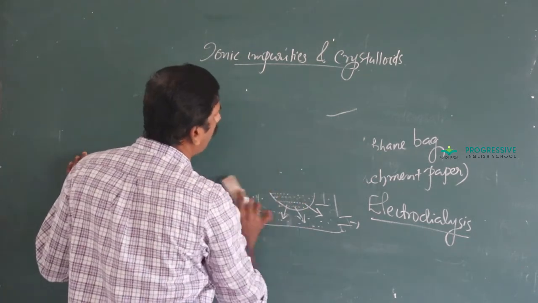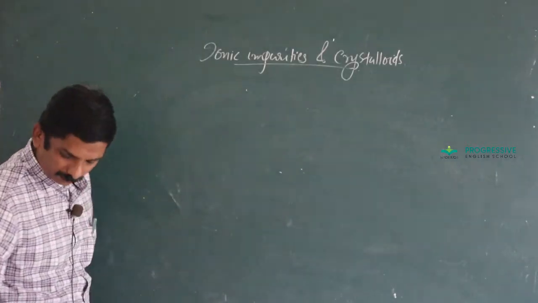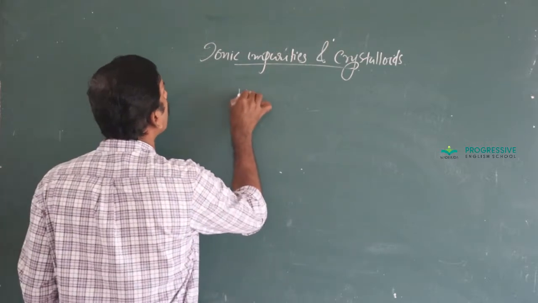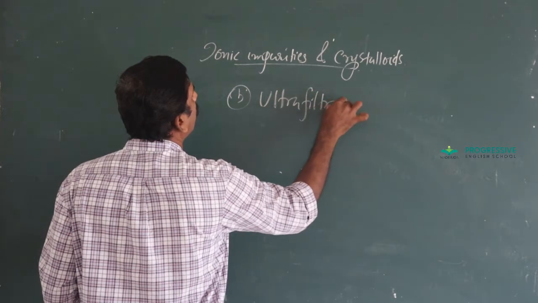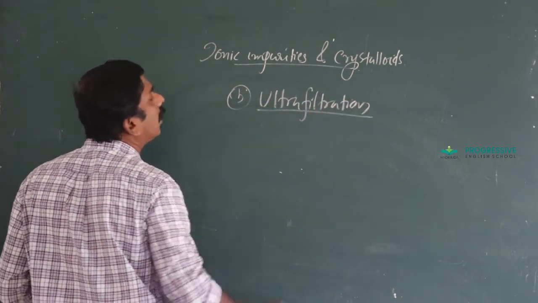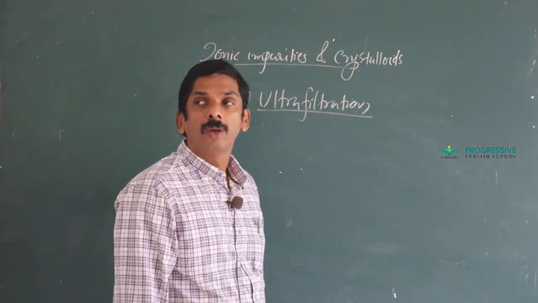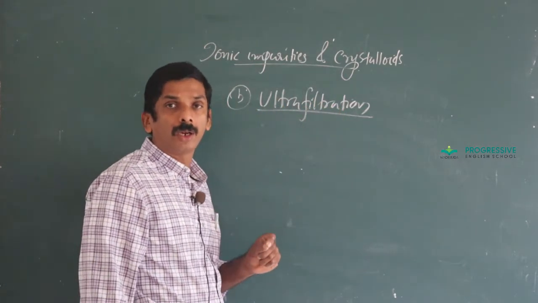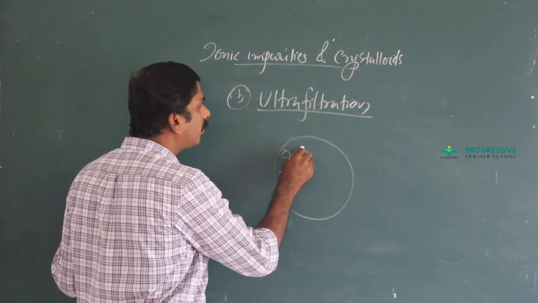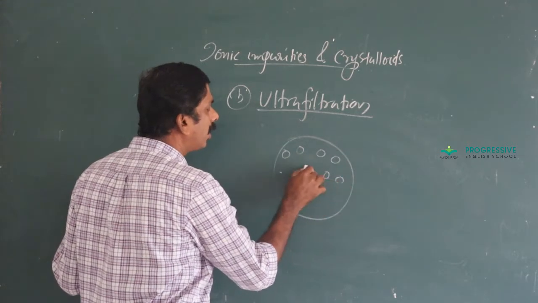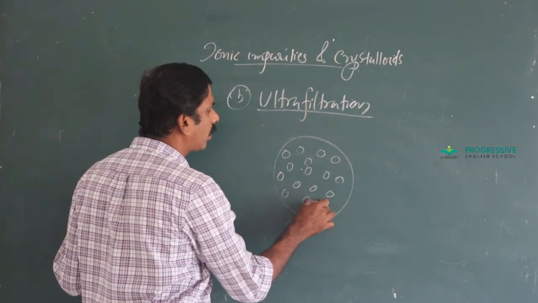Second method for the purification is ultrafiltration. You know, the size of the colloidal particle is too small so that ordinary filter paper cannot be used for the filtration of colloid.